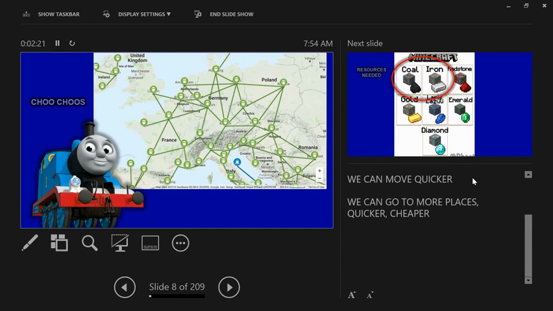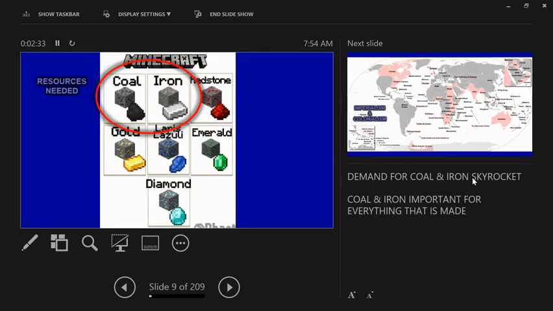So people are able to see family and make business deals, whereas it would have been more difficult earlier. All of this causes the demand for coal and iron to skyrocket, and coal and iron are important for everything that is made.